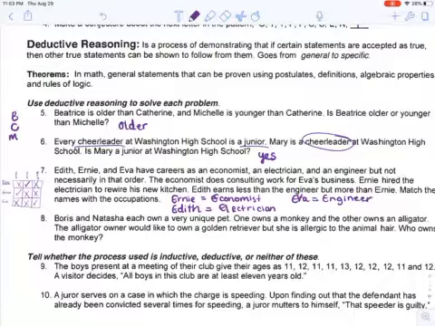All right. Then we get to number 8, and it says Boris and Natasha each own a very unique pet. One owns a monkey, the other owns an alligator. The alligator owner would like to own a golden retriever, but she is allergic to the animal hair. Who owns the monkey?